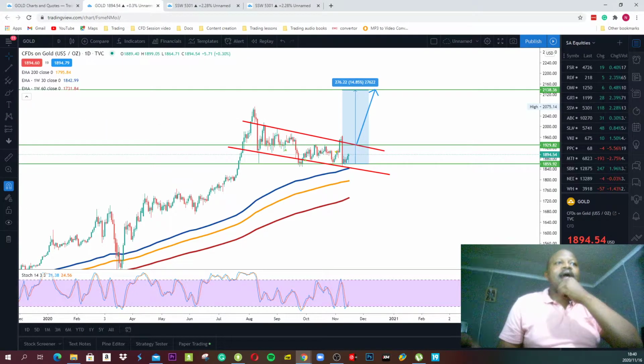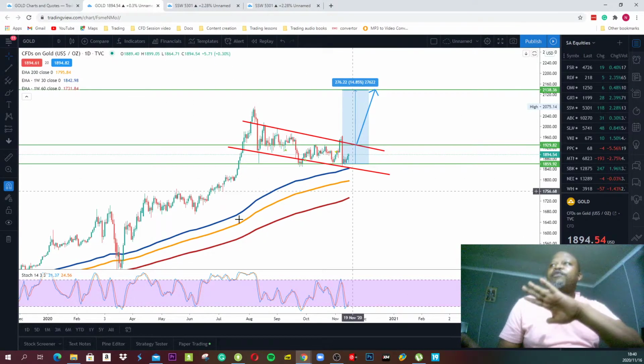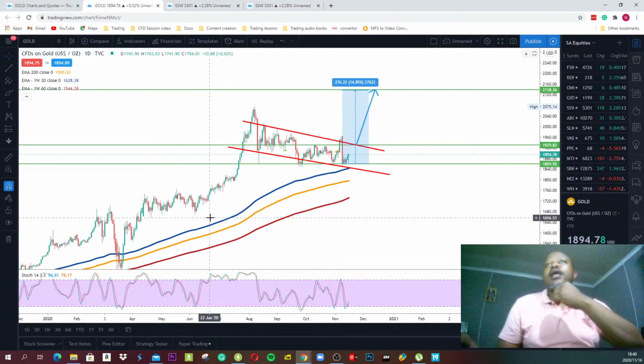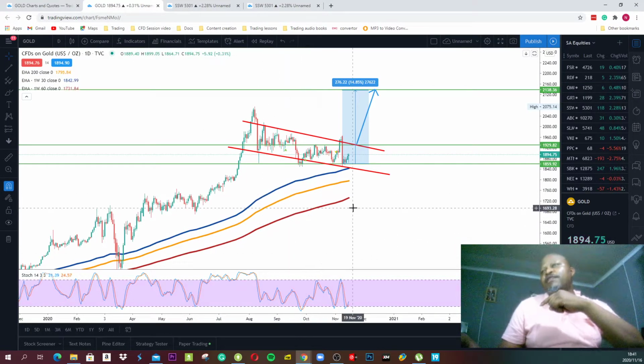So before I move on to look at the gold chart, I want to first explain the base things that you'll always see. This blue line is my 30-week exponential moving average, this orange line is my 200-day exponential moving average, and this red one is my 60-week moving average.